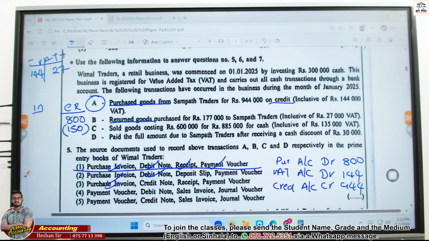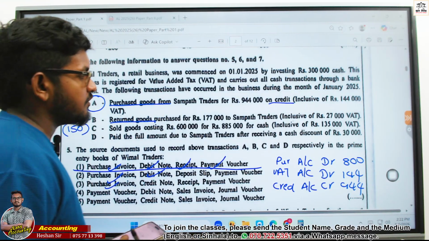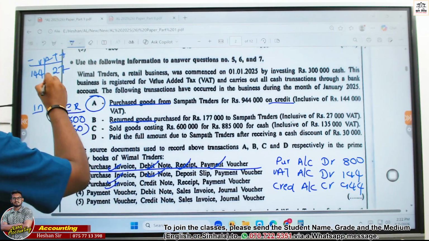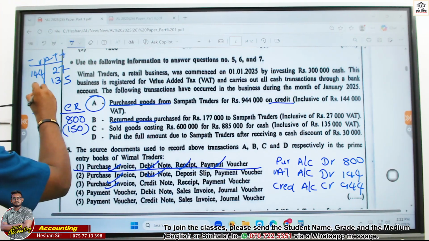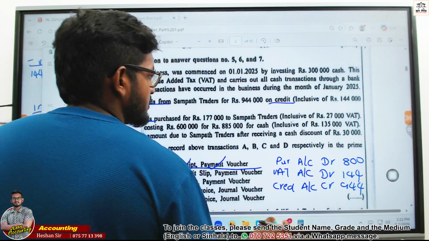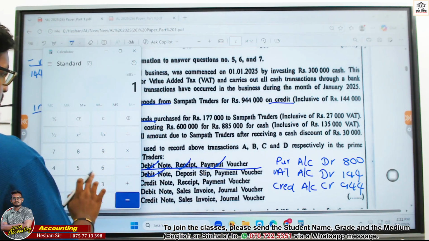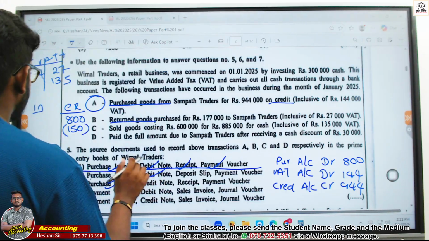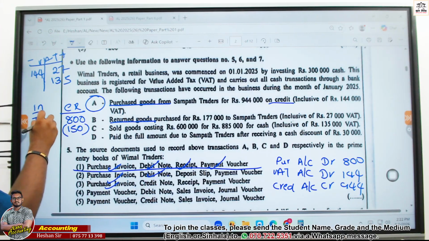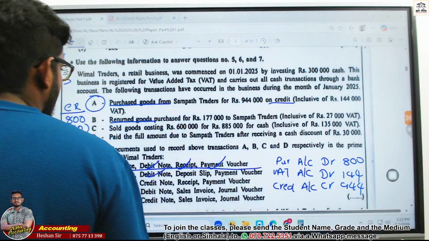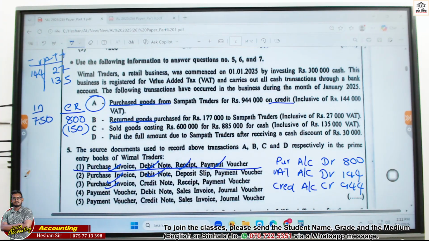Sold goods costing 600 for 885 for cash, inclusive 135 VAT. So when we sell the goods, VAT liability increases. So how much is our sales? 885 minus 135, that is 750, the income excluding VAT. Income and expense we take without the VAT. Paid full amount to Sampath Traders after receiving a trade discount.